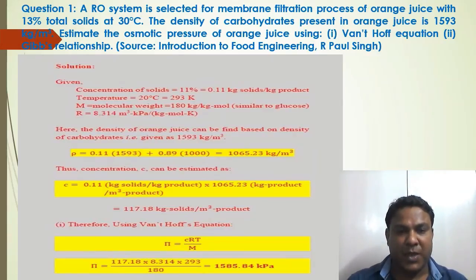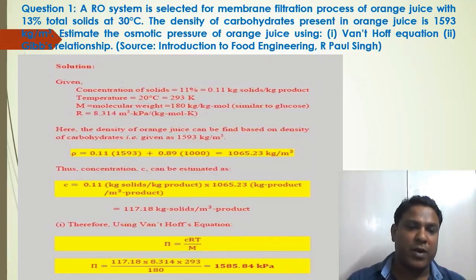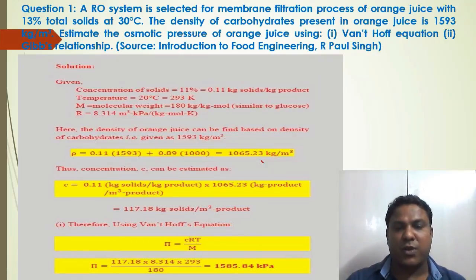So here the density of orange juice can be found using this equation: rho equal to 0.11 multiplied by 1593 plus 0.89 into 1000, where 1000 is the density of water, and so this is 1065.23 kg per meter cube.